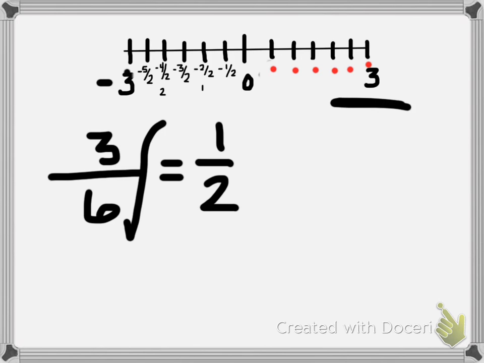And then if I wanted to fill in my positive side, it's going to be the exact same thing, just with positive numbers. So 1/2, 2/2, 3/2, 4/2, and 5/2.